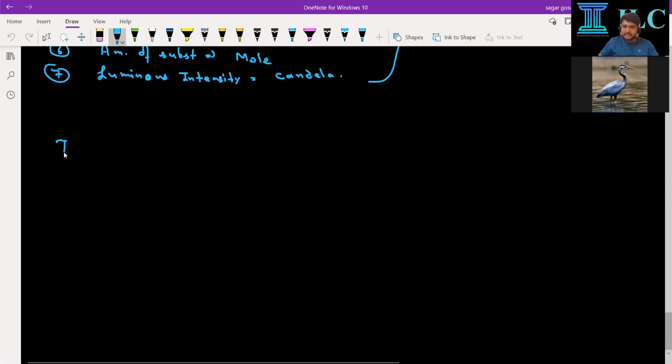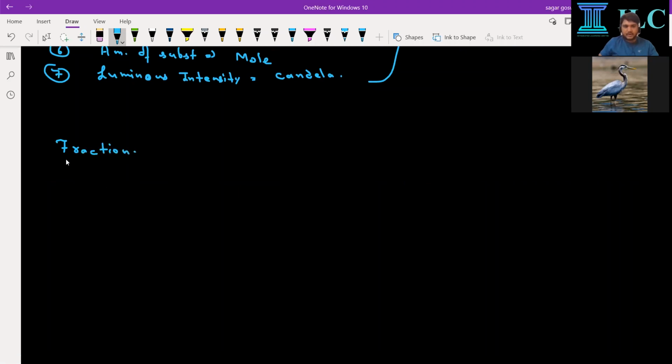Now we are moving to the main portion of chemistry. Calculation is also very important.